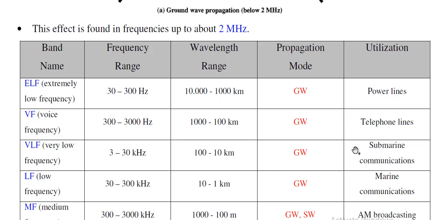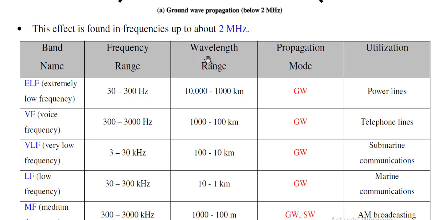For the submarine and marine communications, they also use the long waves. As we can see here, the wavelength is really high compared to other types of communications. And let's recall that we have a relation between the frequency and the wavelength.